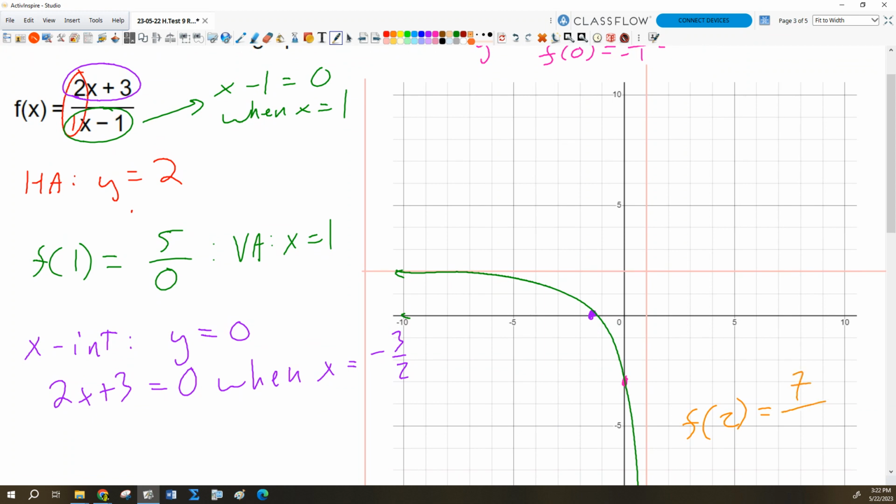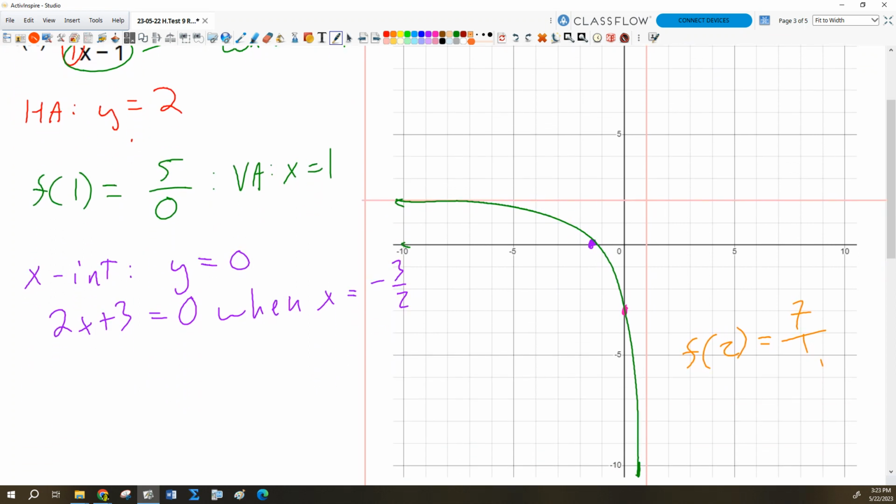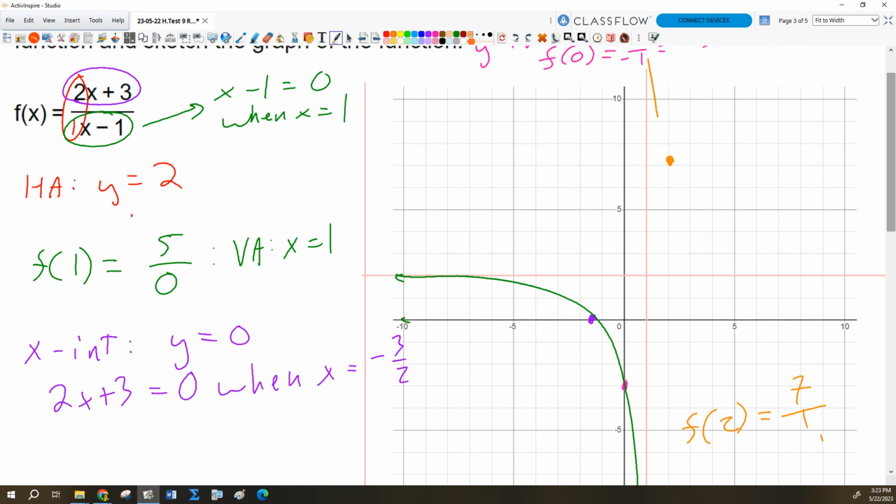What do I get on the bottom? 1. Okay, so f of 2 is 7 over 1, which is 7. So over 2 up 7. Well, that tells me what's going on then, doesn't it? It's got to be up there. It's got to be above the horizontal asymptote and to the right of the vertical asymptote.